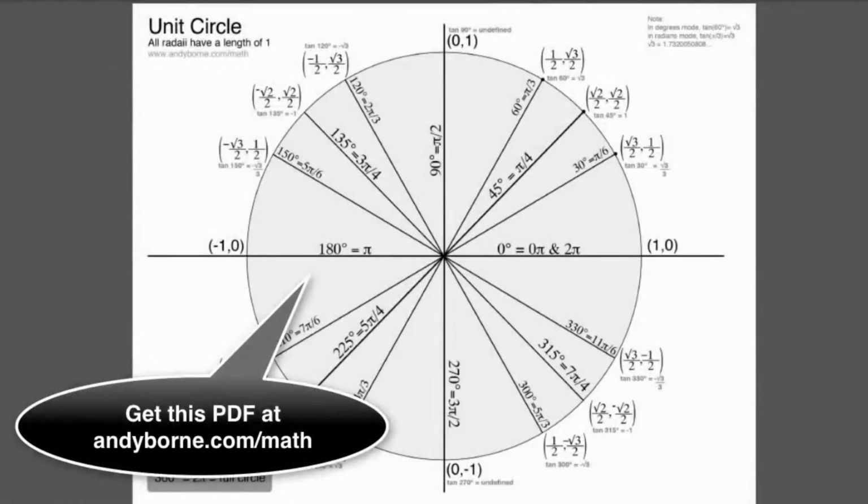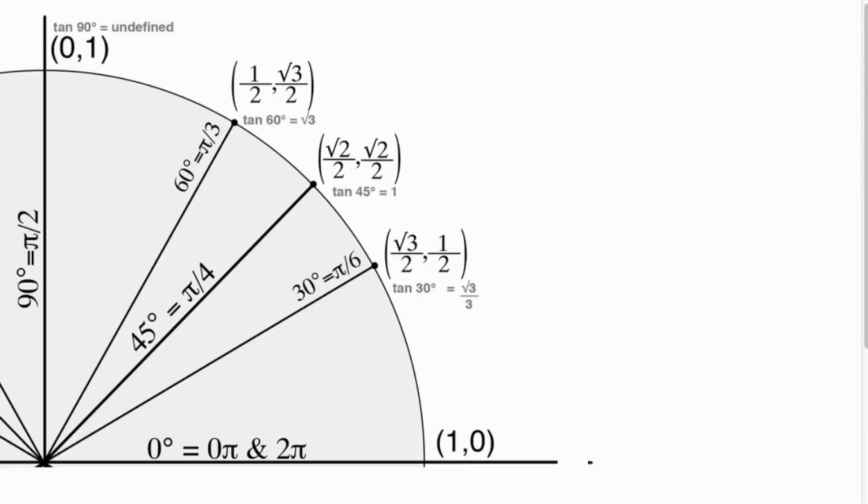Okay, we're on to the last part. This is the complete unit circle, and I'm going to show you how you can find the various points of interest, the XY coordinates of places along the edge of the unit circle. What you're looking at is the upper right quarter of the unit circle. Take a look here at the coordinates for 30 degrees or pi over 6.